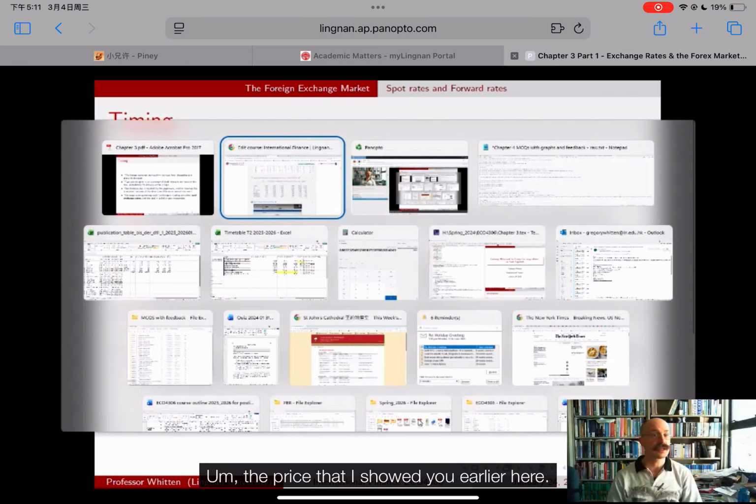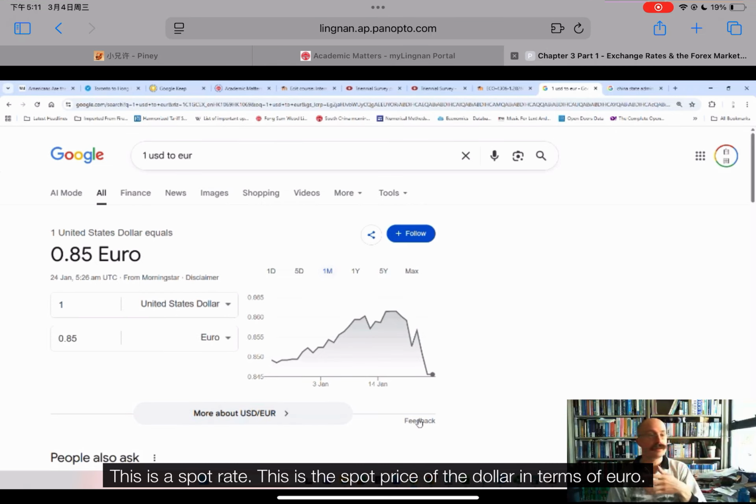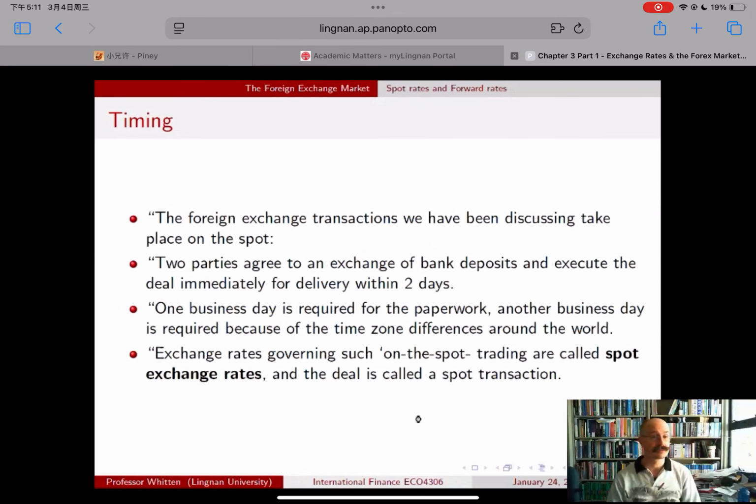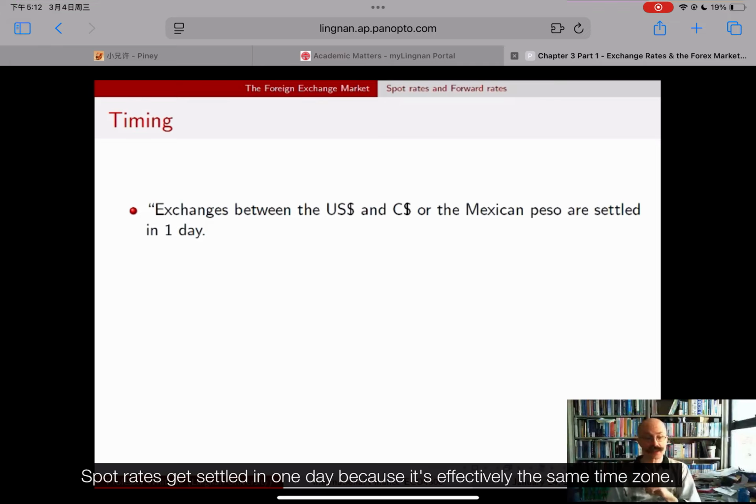The price that I showed you earlier here, this is a spot rate. This is the spot price of the dollar in terms of euro. If you are looking at currencies within North America, spot rates get settled in 1 day because it's effectively the same time zone.